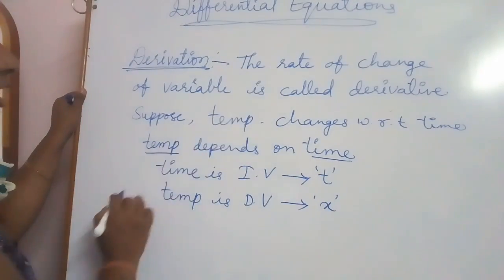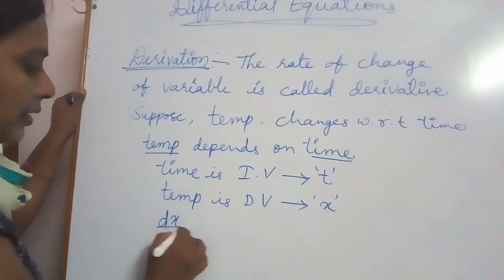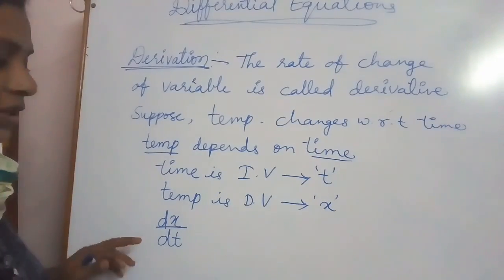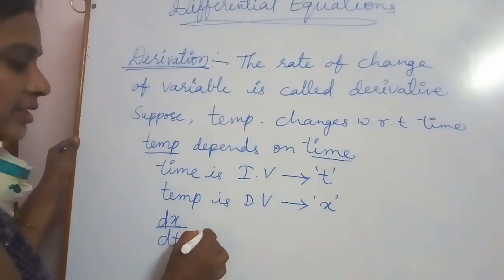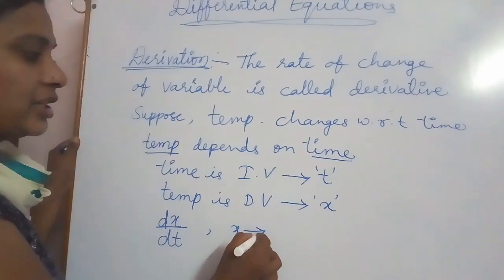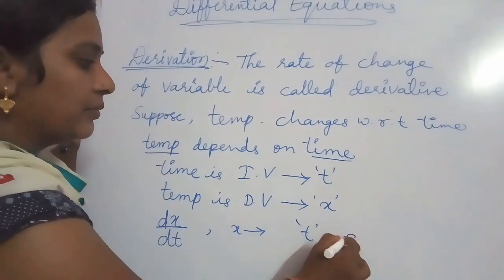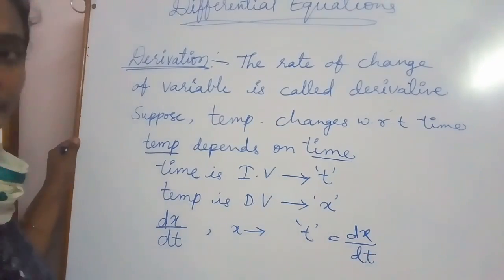The rate of change of the variable is denoted by dx by dt. That is nothing but the temperature x changing with respect to t, which is called the derivative. It is denoted by dx by dt.